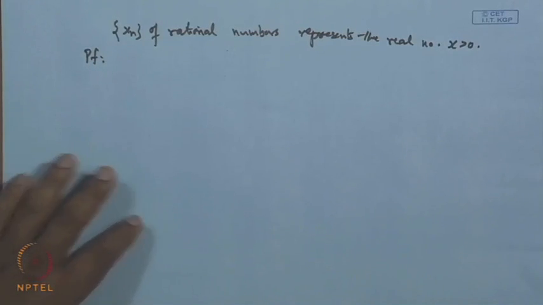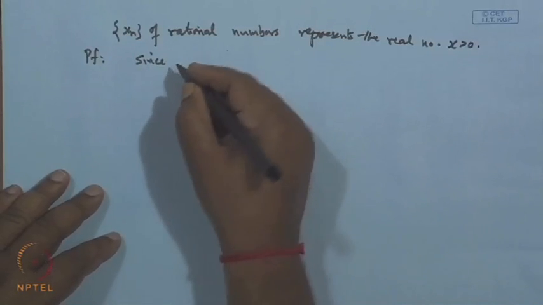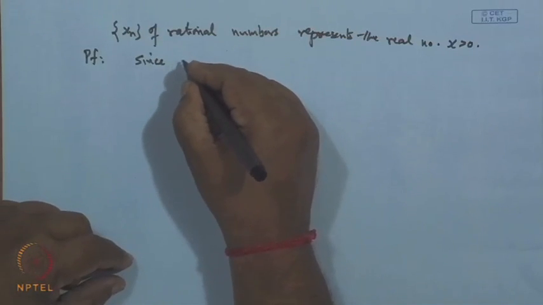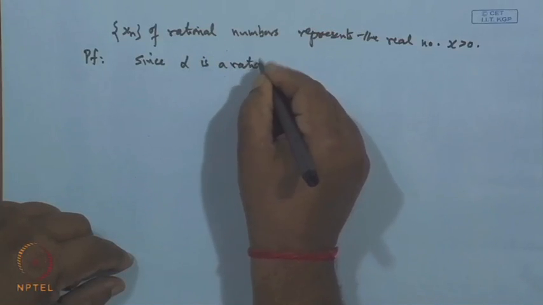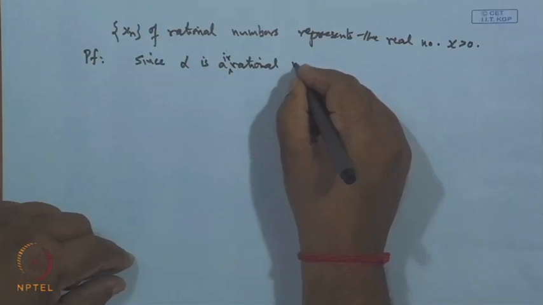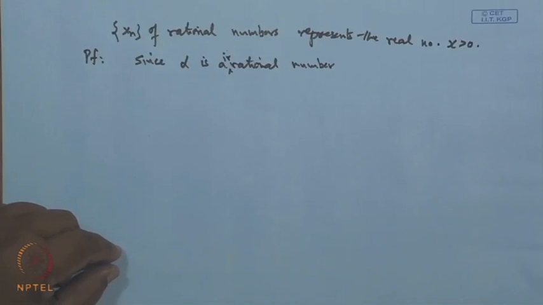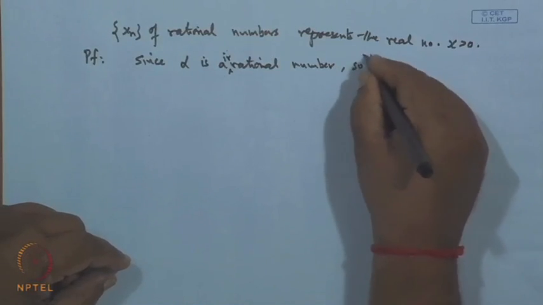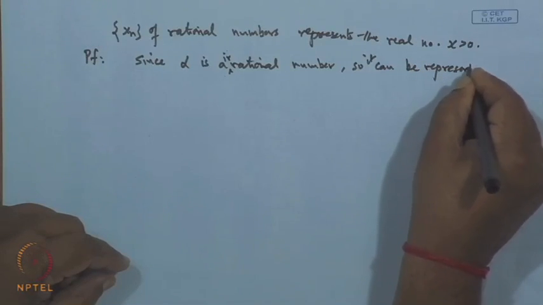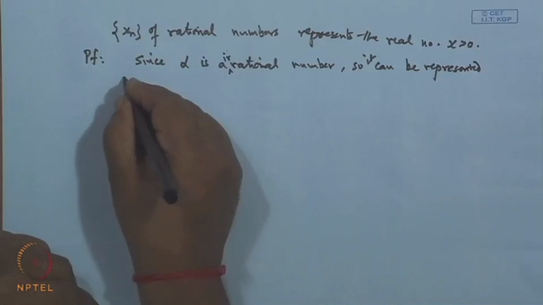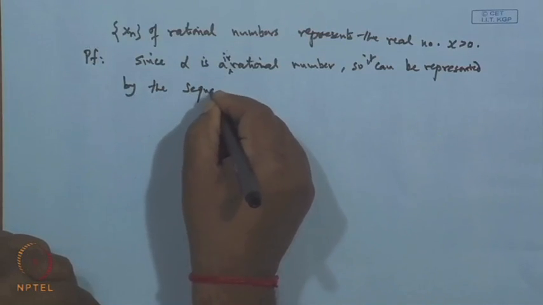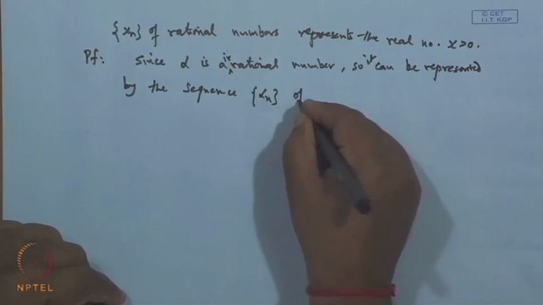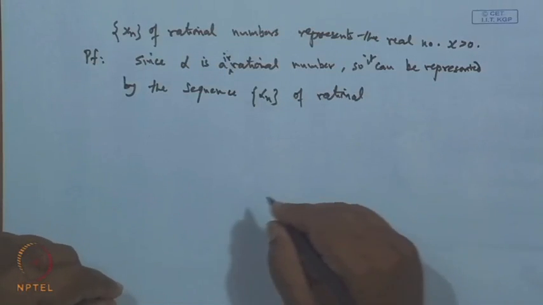Proof. Since alpha is an irrational number, it can be represented by a sequence alpha n of rational numbers by Cantor's theory, is it not?